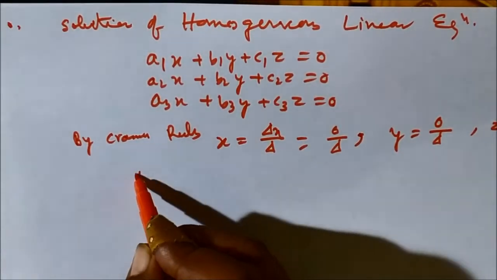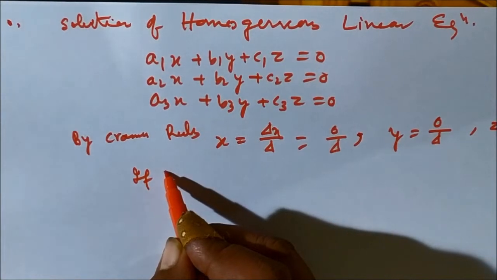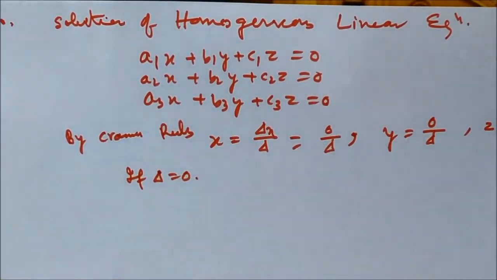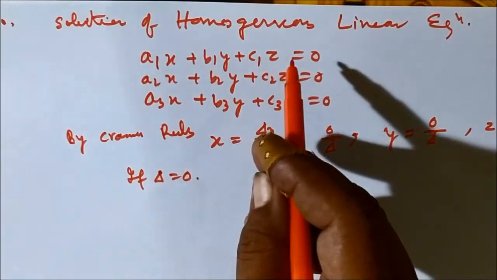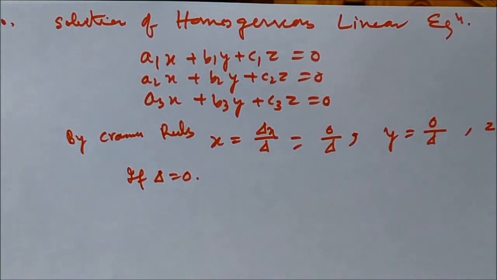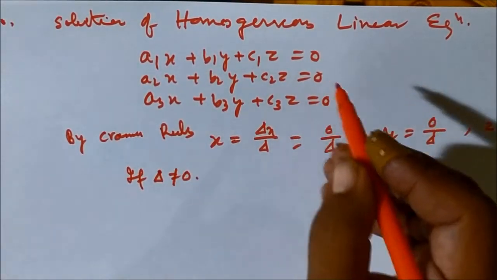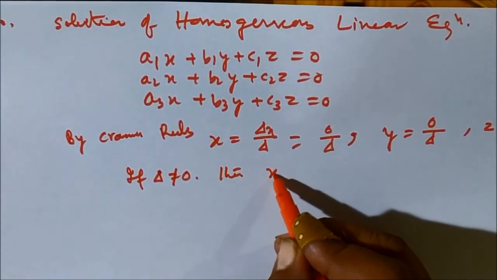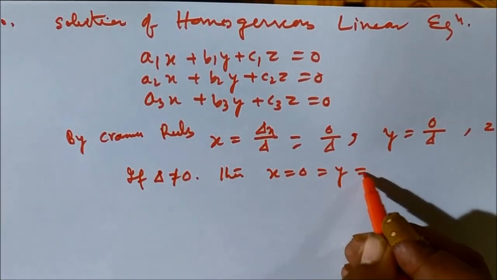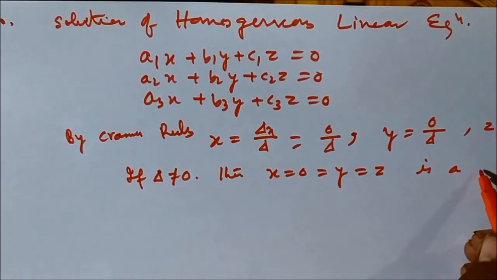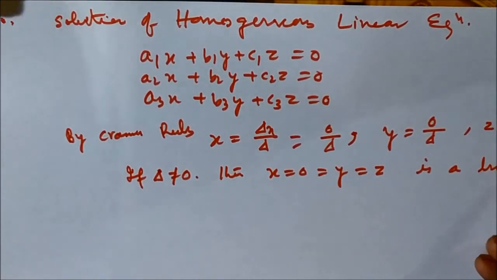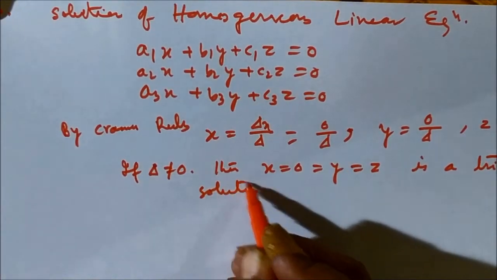If delta is not 0, then equation 1 has no solution other than the obvious one, x equals 0, y equals 0, z equals 0. Such a solution is known as a trivial solution. If delta is not equal to 0, then x equals 0, y equals 0, z equals 0 is a trivial solution.